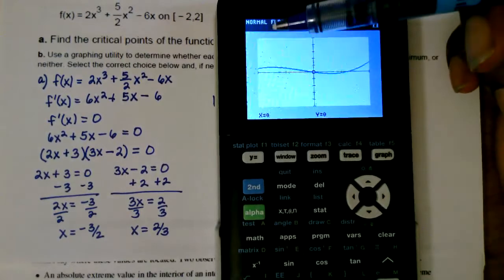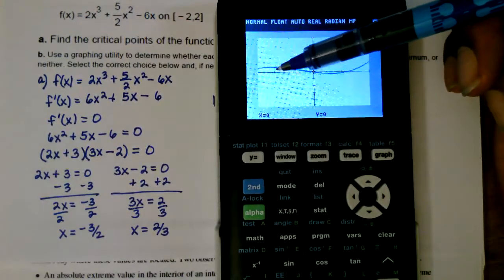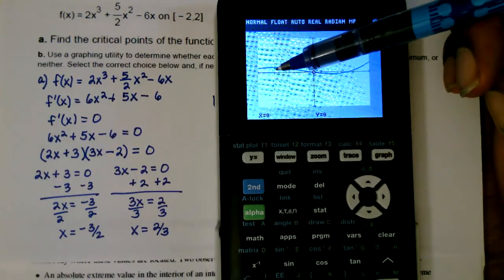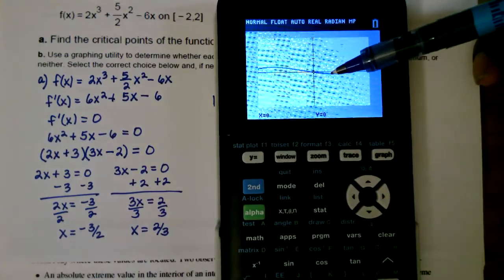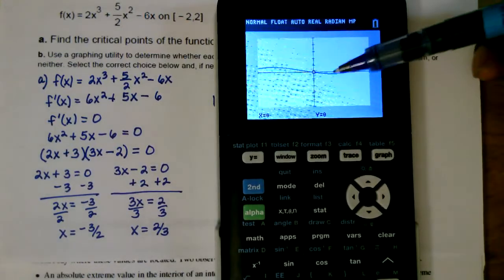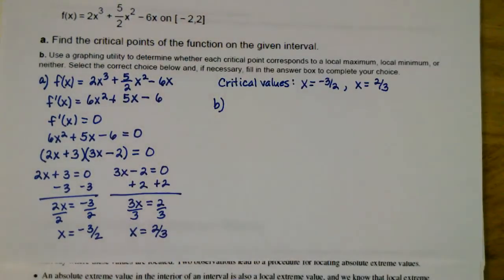All right, so for -3/2, which is like -1.5, that's over here somewhere. This corresponds to a local maximum because that's the highest point on this graph. Now for 2/3, which is about right here, a little bit less than 1, that corresponds to a local minimum because that's the lowest point on the graph at 2/3.